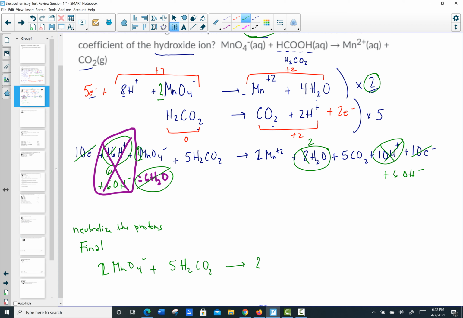Pointing at 2 Mn plus 2s, 2 waters, 5 carbon dioxides, and 6 hydroxide ions. And since that's the coefficient we were asked for from your multiple choice selection, you would pick the coefficient of 6. So I've done one review question for acid solution and one review question for a base solution.